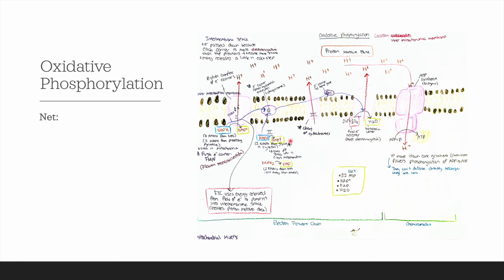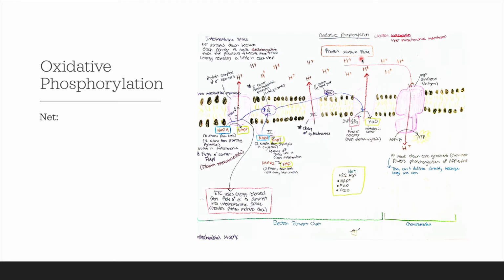Now, all the energy that was released due to the electrons moving down the electron transport chain is used to pump protons into the inner membrane space against their concentration gradient. This creates a proton motive force.